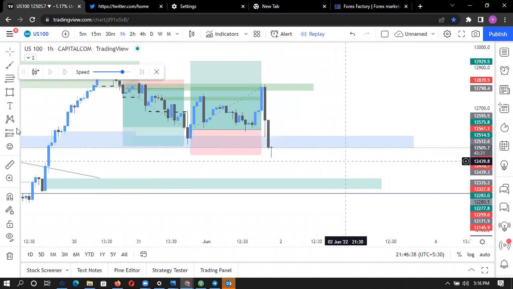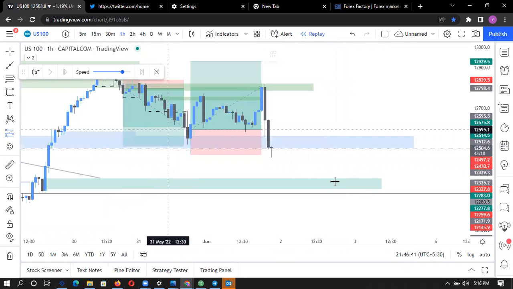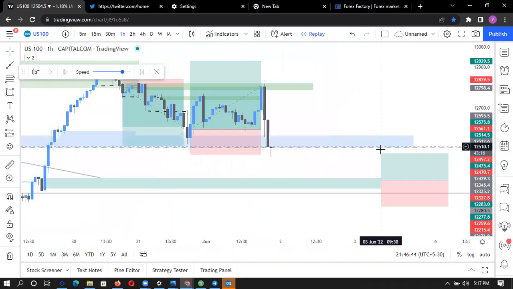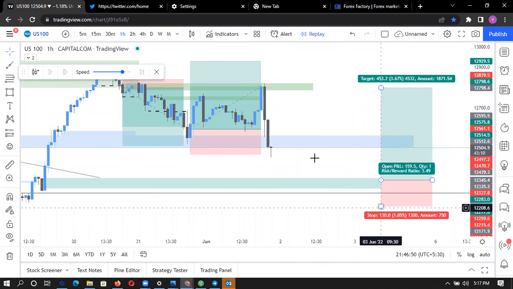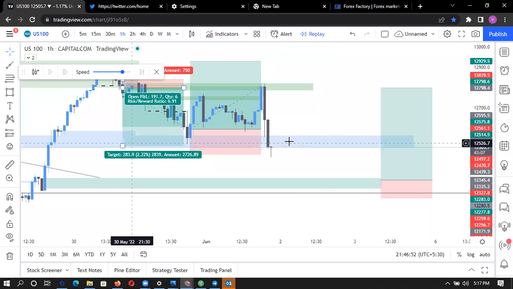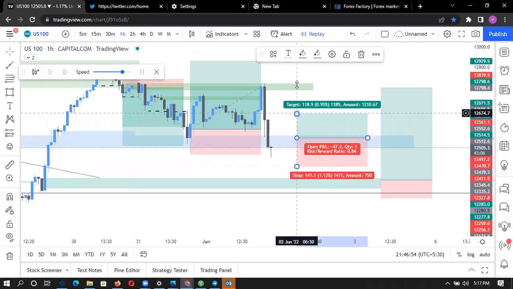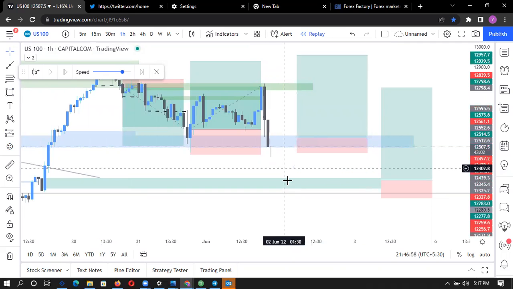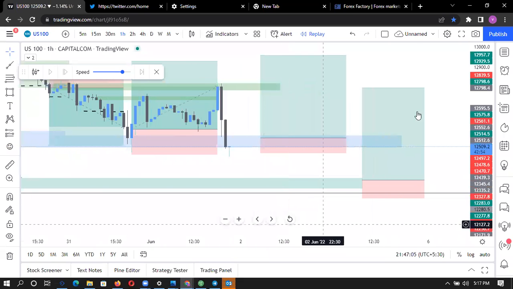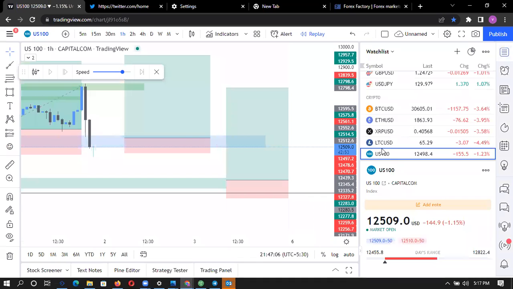But primarily, I'm still looking for a bullish entry either from here, down here, or from here. So that was my projection on Nasdaq.